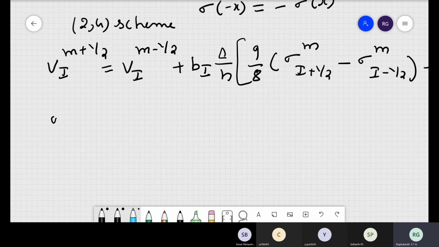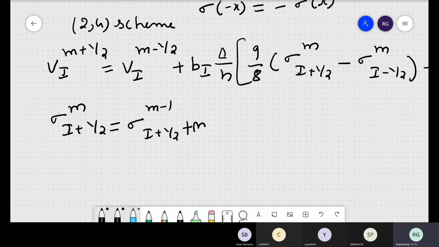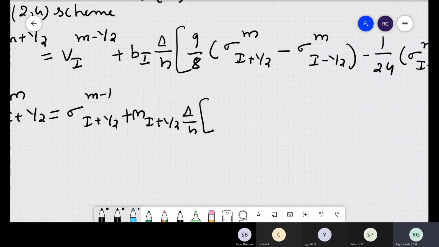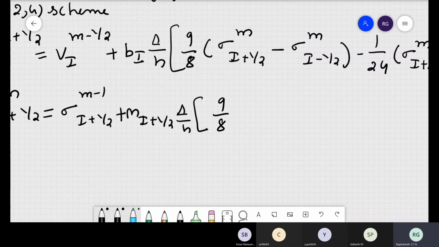So now similarly, if I write σ^{m-1}_{i+1/2} plus the term for i+1/2, Δ/h. Of course, the 9/8 will be the same expressions in there.